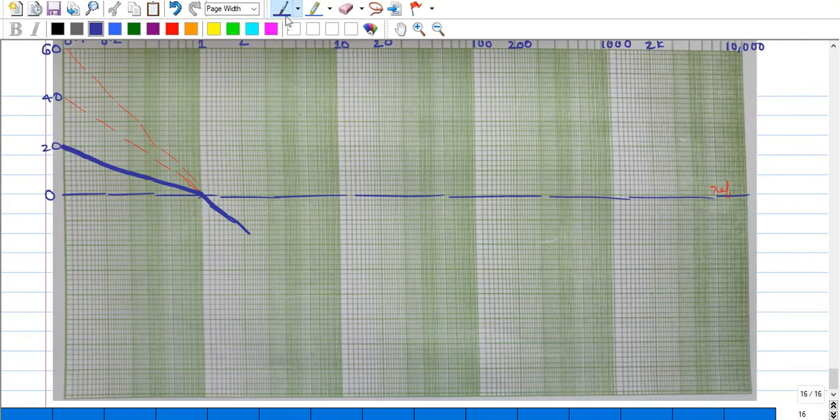I hope you can understand the reading. Let me show that. So this is 0.1, 1, and this will be 10. We need to stop here. This particular line will have a slope of minus 40 dB per decade.